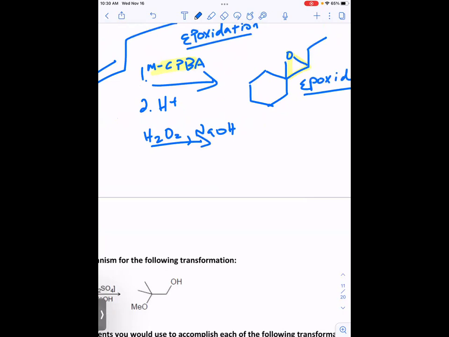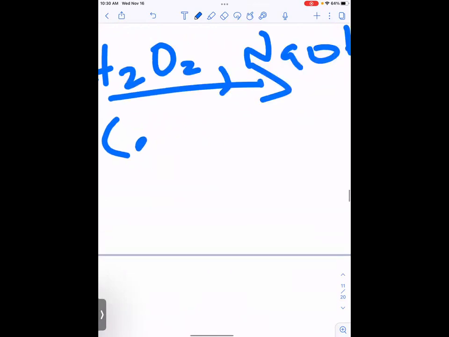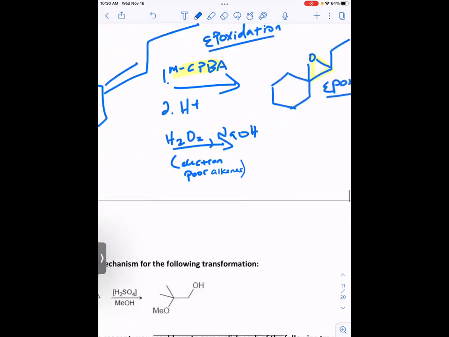The difference is this is for more electron poor alkenes. So if you have an alkene that's electron poor, you'll use this method. Again, every reaction that we learn is a tool for organic chemists to use to achieve a certain end.